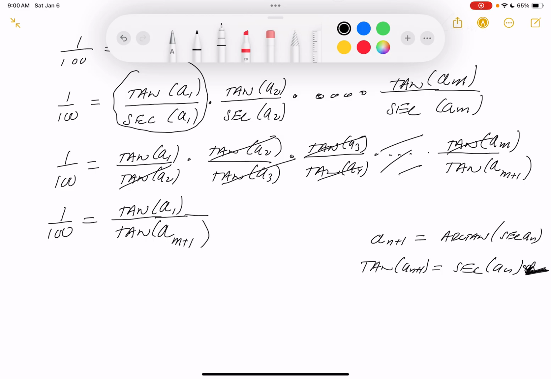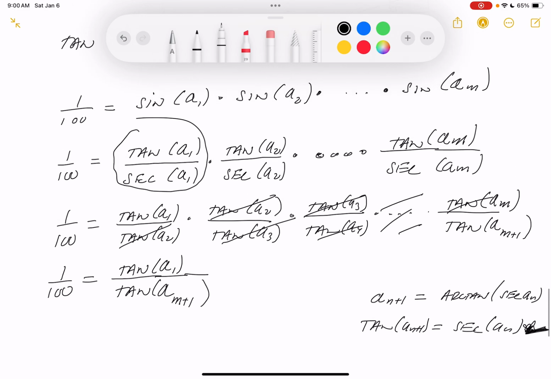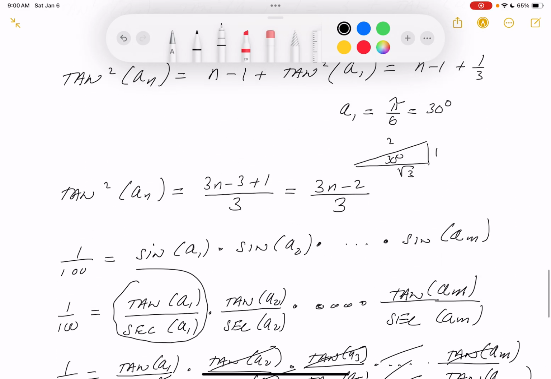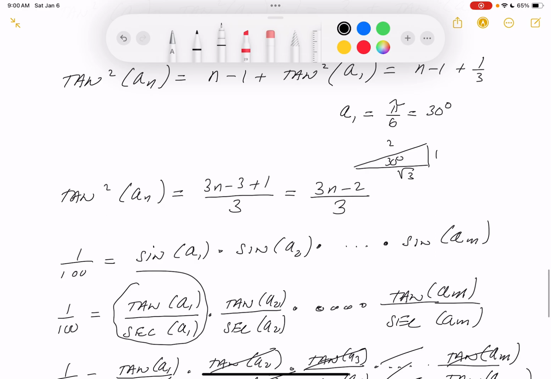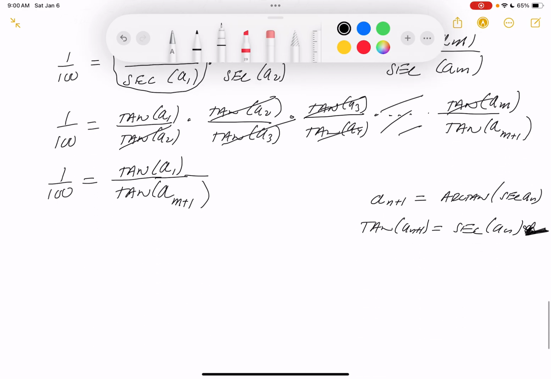Well, I'm getting close. And the question is, do I remember what the tangent of A1 is? And I do. It's up here. It's going to be 1 over root 3.